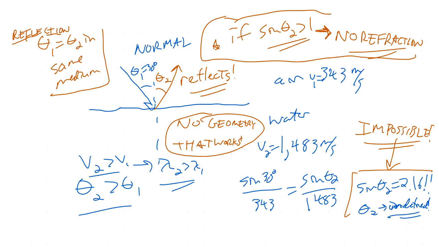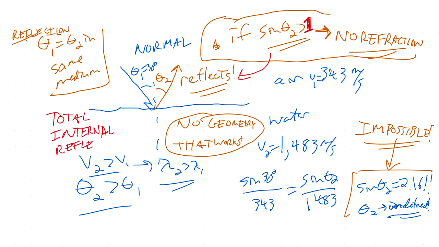If there's no geometry that works, which happens, of course, if sine of theta 2 is greater than 1, there is no refraction and you get reflection. This is called total internal reflection.